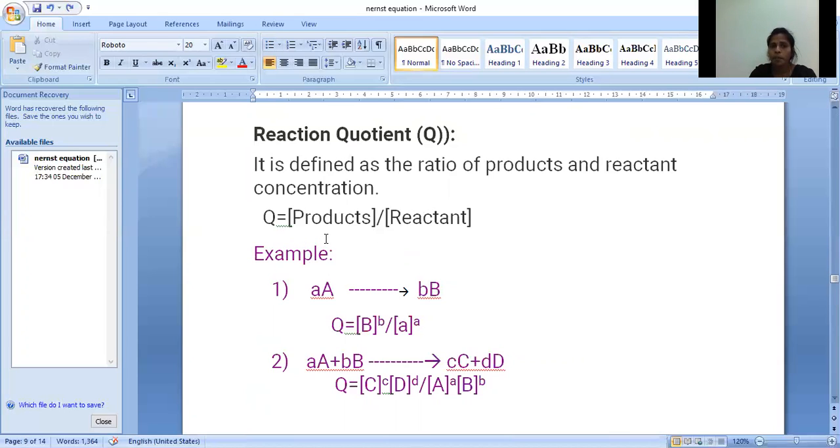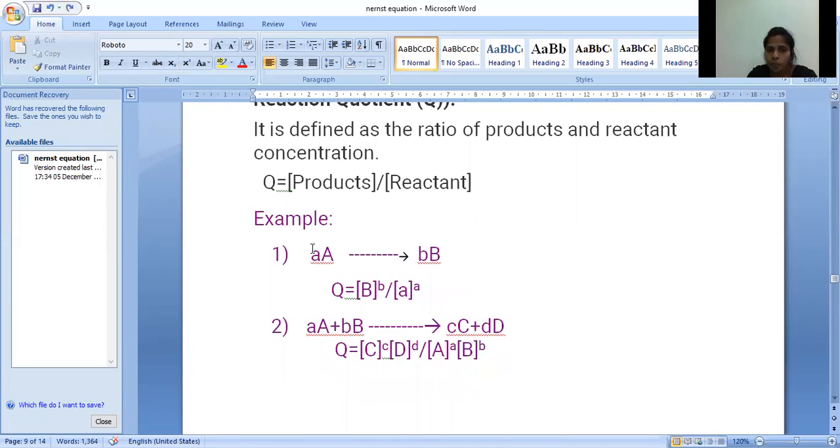So let us take one example. In this example, I have given only one reactant and only one product: small a moles of capital A producing small b moles of capital B. So here small a is the number of moles, small b is also the number of moles. Before the arrow, those are the reactants, and after the arrow, those are the products. A is the reactant and B is the product. So let us see how to write K or Q. Q is equal to products concentration divided by reactants concentration.